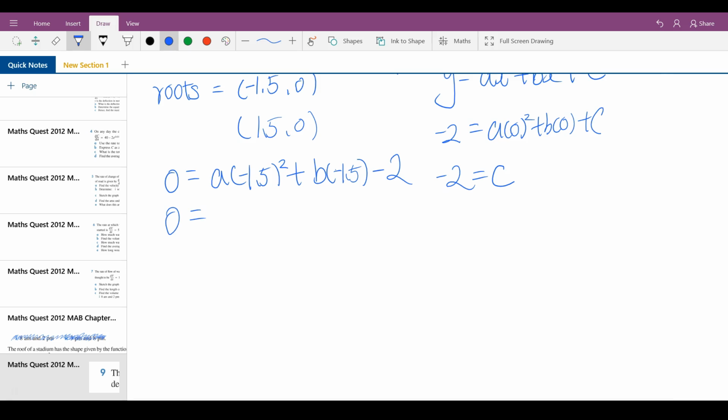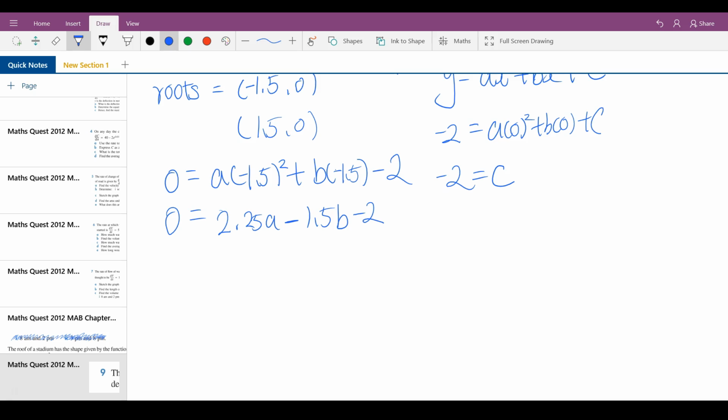So let's solve that. -1.5 squared gives us 2.25, so it's positive now. So 2.25a minus, because it's negative, 1.5b minus 2.